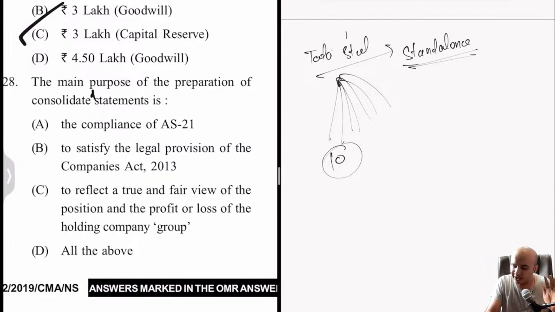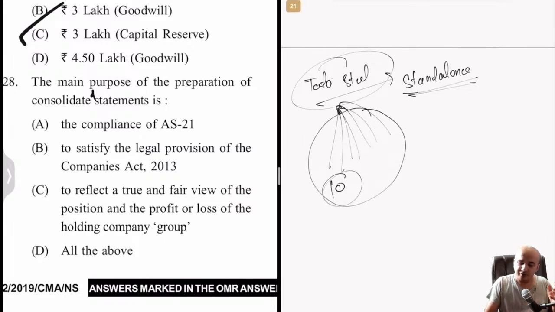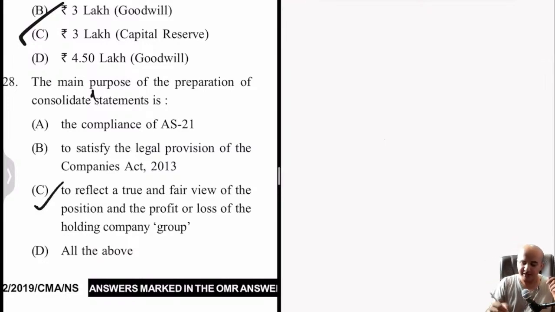But if you only look at Tata Steel's profit, it will not provide the stakeholders complete information. So we should also look at what the subsidiaries are doing, how they are performing. When we zoom out and check, then we'll get a comprehensive idea, right? So that's why this is also important.